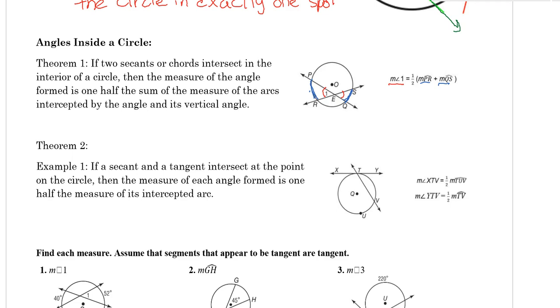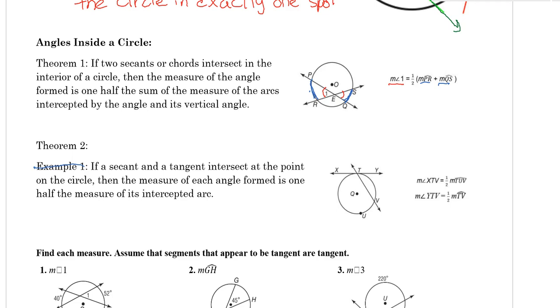Theorem 2, if a secant and a tangent intersect at a point on the circle. Alright, so I have a tangent line and the secant line hits at that point, we call it the point of tangency, where that tangent line hits the circle.